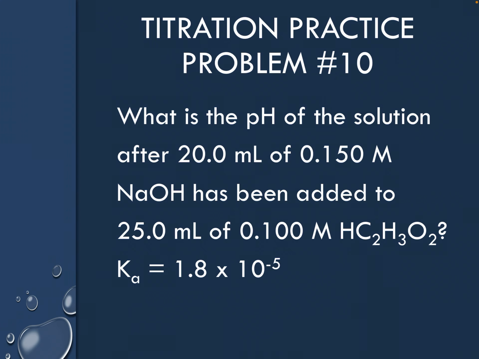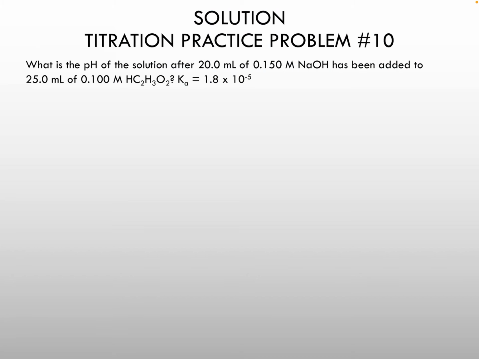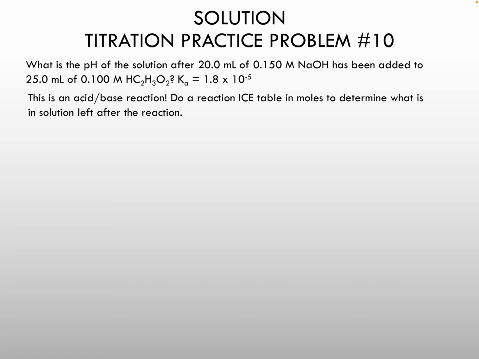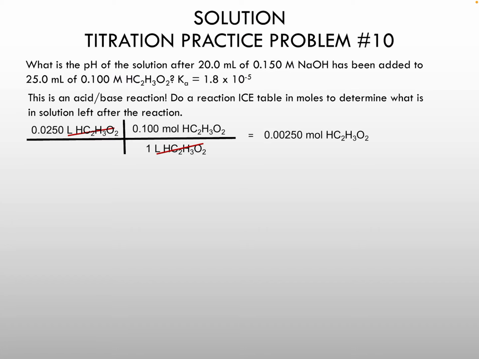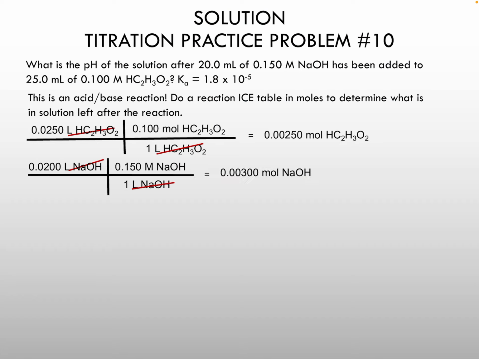So here's an example. This says, what is the pH of the solution after 20 milliliters of 0.15 molar sodium hydroxide has been added to 25 milliliters of 0.1 molar acetic acid? So again, this is an acid-base reaction. We're adding strong base to our weak acid. So the first thing we want to do is go ahead and calculate the number of moles from each one. Our moles of our acetic acid haven't changed, but now we have more moles of our sodium hydroxide.